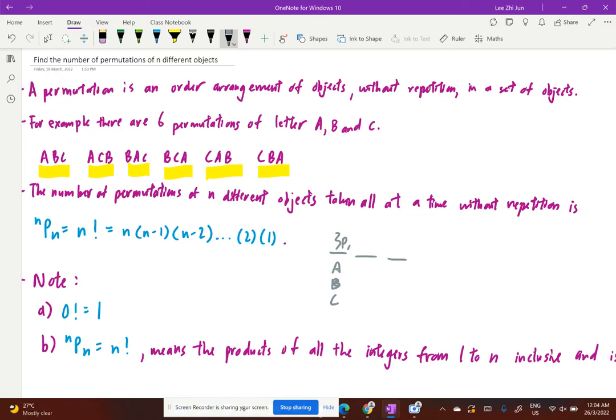Maybe in this column I use A, so I have B and C left. So two letters left, so 2, or 2P1. And maybe I use B, so I have C left, so just 1. So the arrangement is 3 times 2 times 1, which will be 3 factorial.